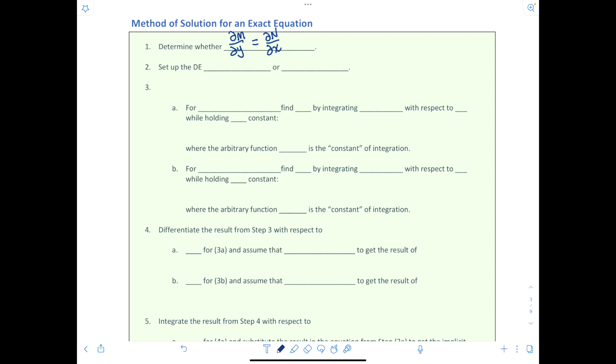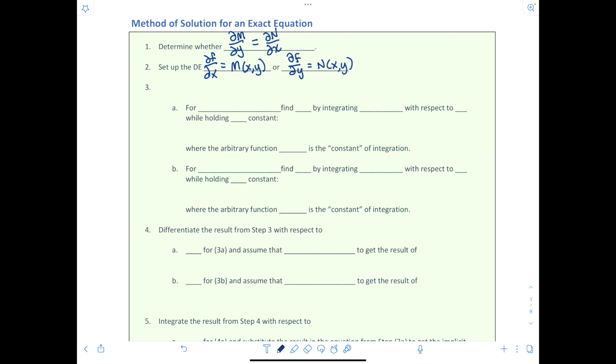So set up the differential equation either df dx is equal to m at x and y, or the first partial of f with respect to y is equal to n at x and y.